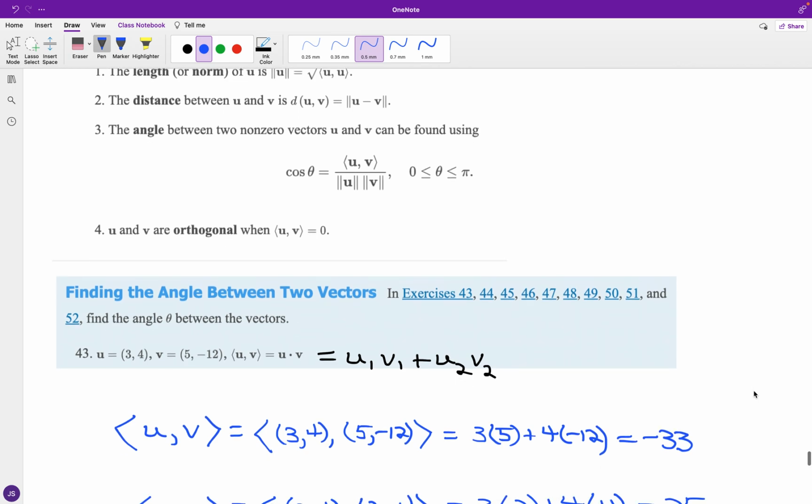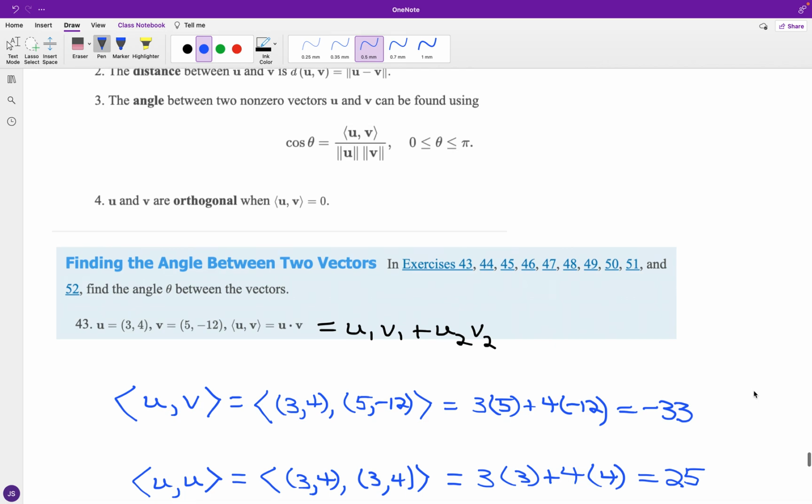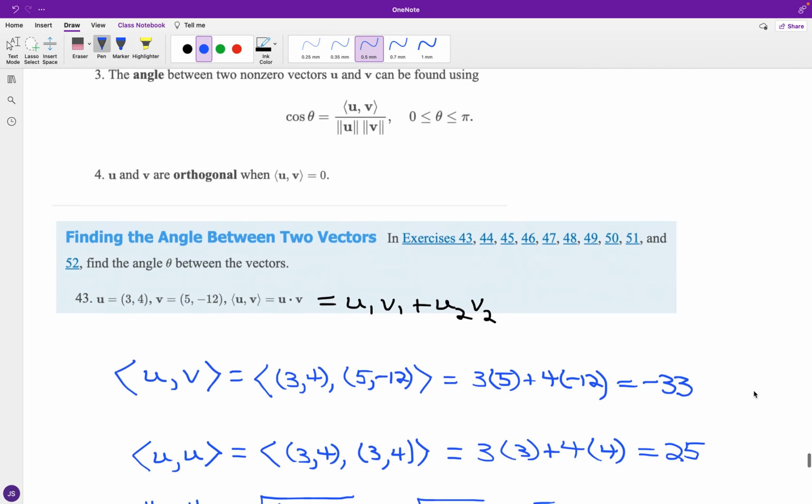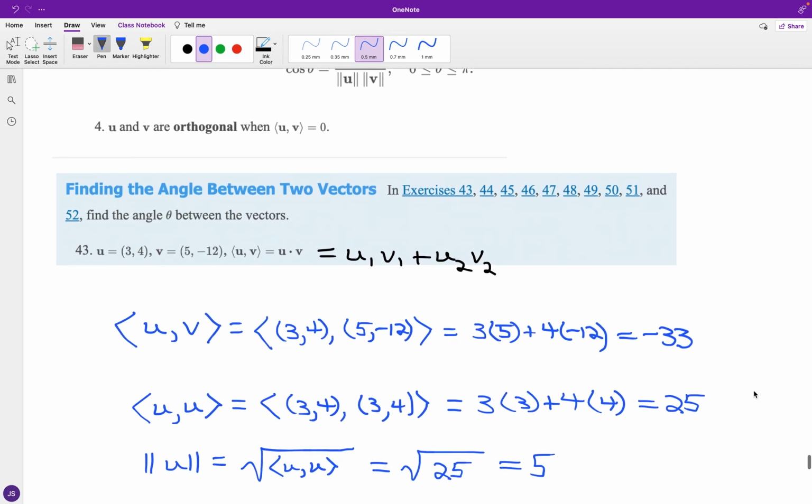For the norm of u, first we determine the inner product of u and itself, so that's 3 times 3 plus 4 times 4, which is 9 plus 16, or 25.